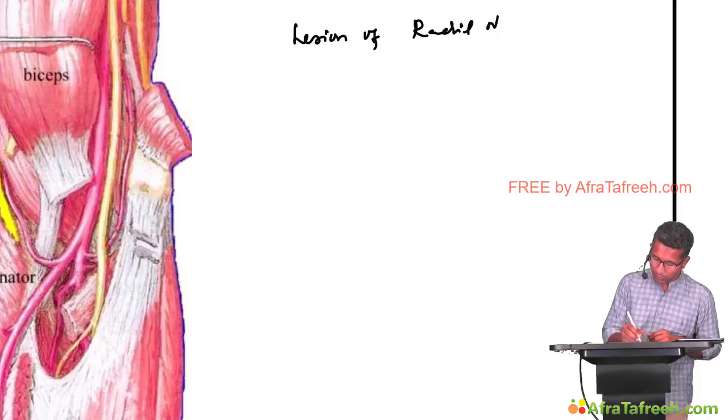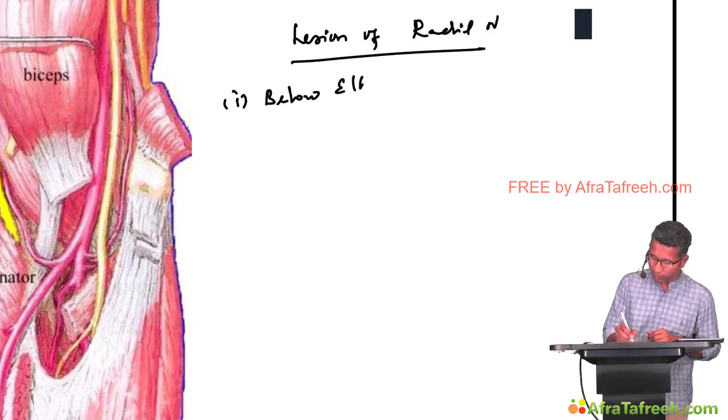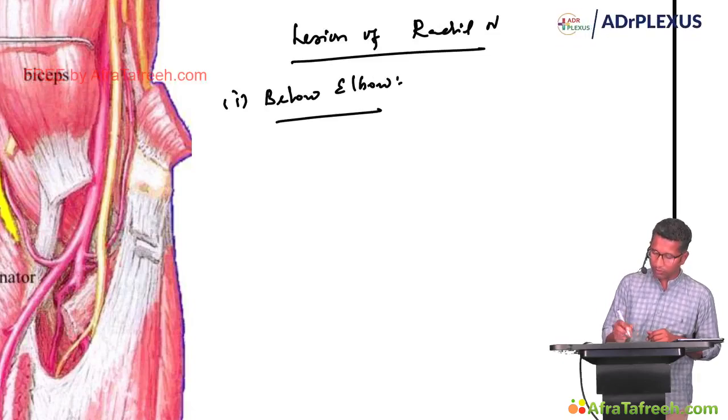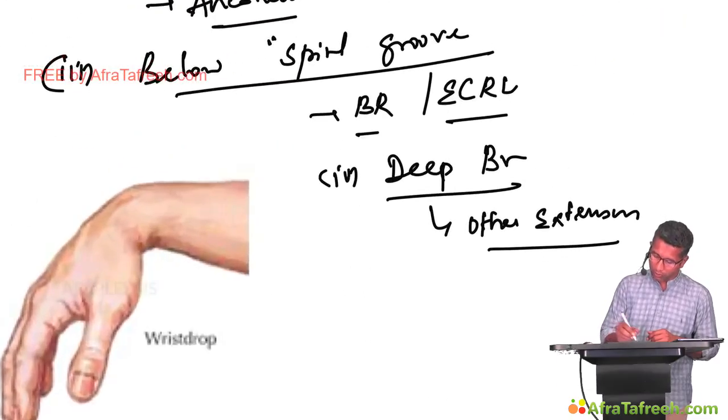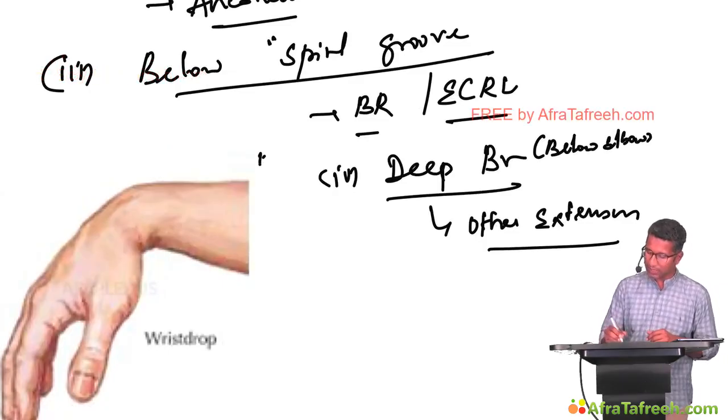When the radial nerve gets injured below the level of elbow, if you see this chart, below the level of elbow is only the deep branch, which supplies the extensors of the fingers and the thumb.